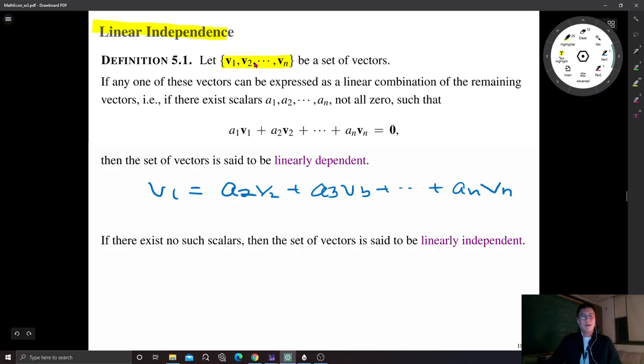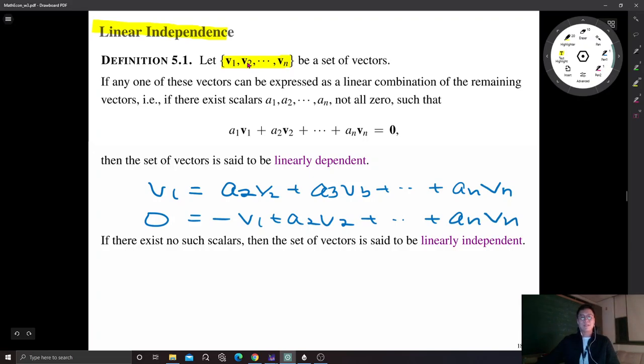Then I can move this v sub 1 to the right-hand side, to make the left-hand side equal to 0: minus v sub 1 plus a sub 2 v sub 2 all the way to a sub n v sub n.